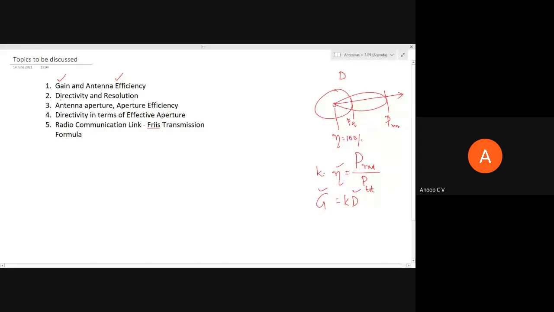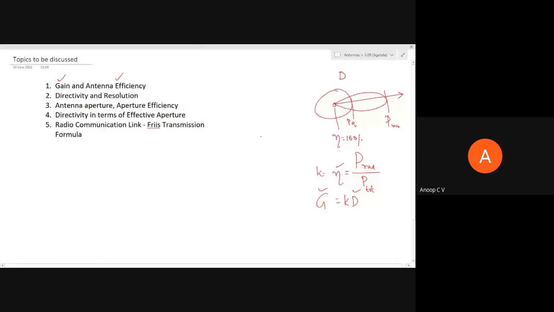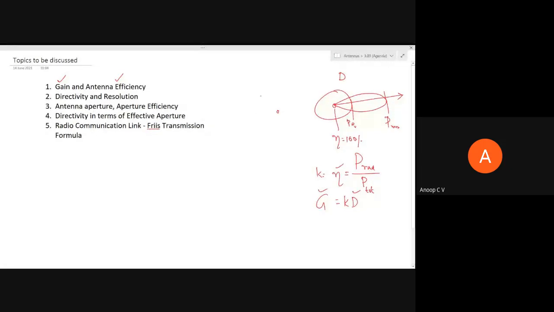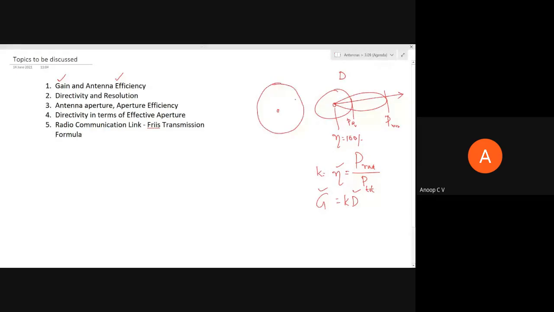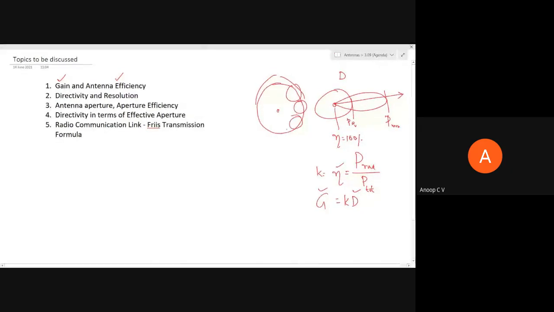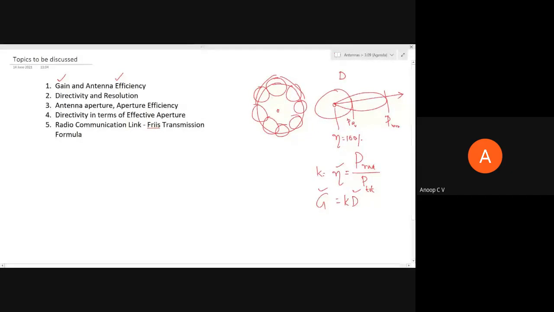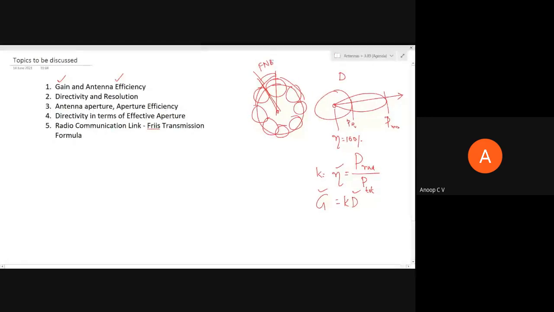Then we'll see how directivity and resolution are related. Suppose you have an antenna kept at the origin of some coordinate system, and you consider a 3-dimensional spherical orbit around it. How many different transmitting antennas can this antenna resolve? That is the resolution. We have seen that the resolution of an antenna is FNBW by 2, the null beam width by 2.